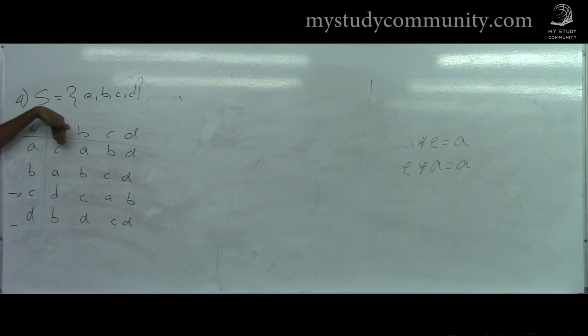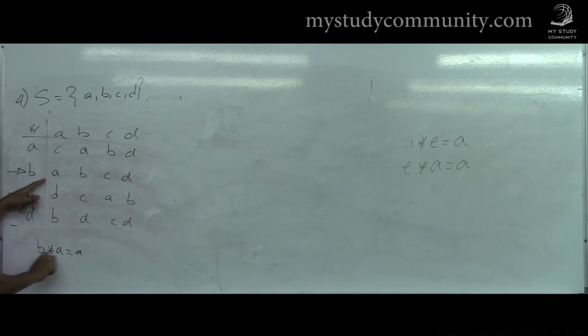So look in the table, and is there any row in which the top row is repeated? B. Yes? So what can we say? B is the identity element, yes? But wait, remember we have left identity and right identity. So this here tells us that B star A is A, and B star B is B, which means B would have been the left identity, yes?